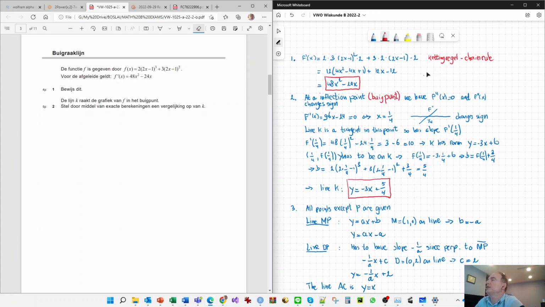So for this we can use the kettingregel, the chain rule. And of course what you need to know are the derivatives of common functions, including the function x to the power n.